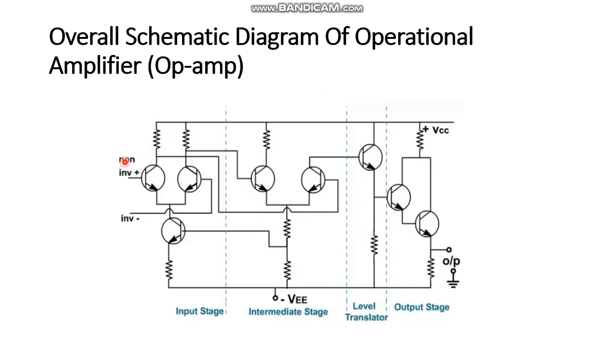So this is the input stage. In the input stage we have two inputs, non-inverting and inverting inputs, and the outputs are given to the next similar stage. Okay, so these two stages are more or less similar. Okay, and here there is a feedback like this.